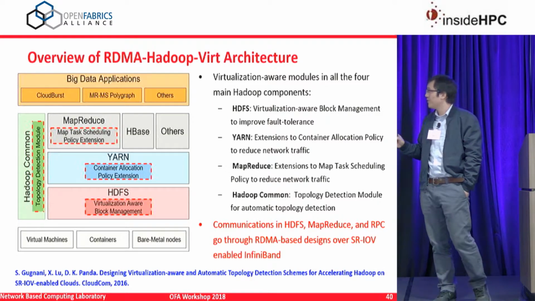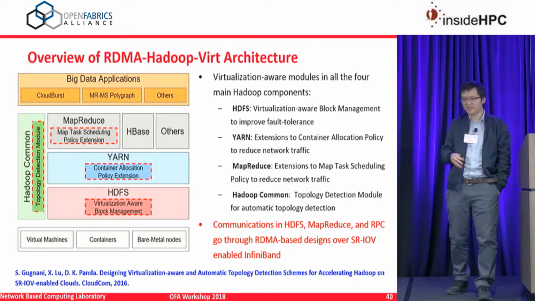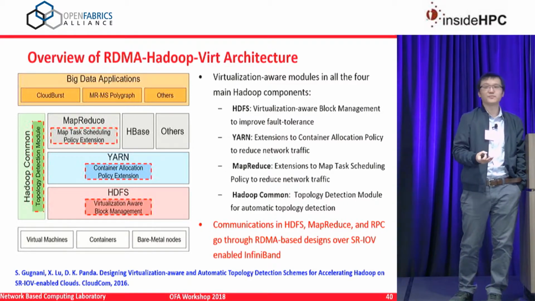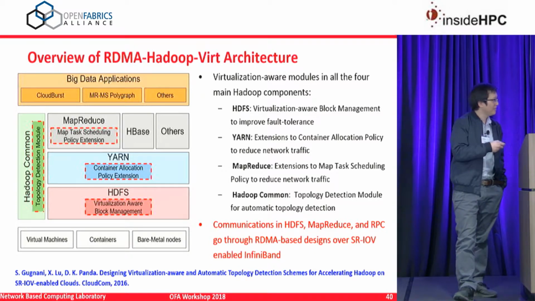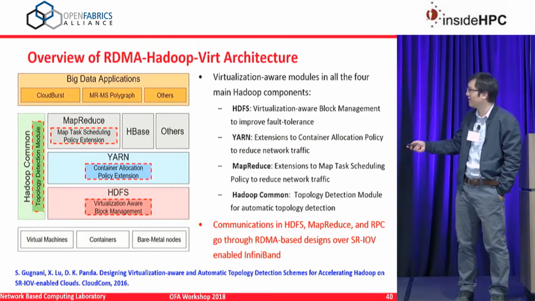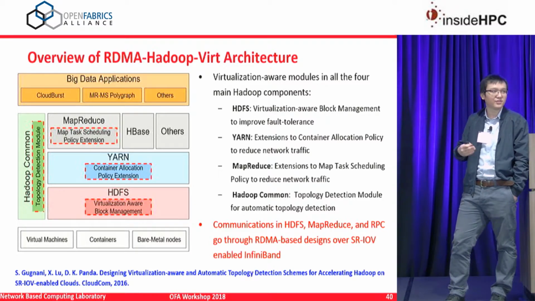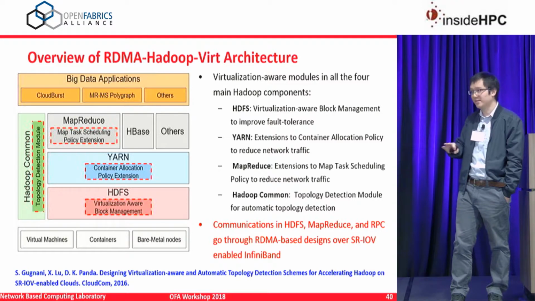But for RDMA Hadoop, the native environment design, I think I introduced yesterday. Now the question is, when you run in the cloud, what can we do, okay? Some of you may not be familiar with Hadoop, so let me give you a breakdown of the architecture, okay? For Hadoop, there are multiple components which you have to keep in mind for whether you can optimize for the cloud environment. Of course, HDFS is very important.